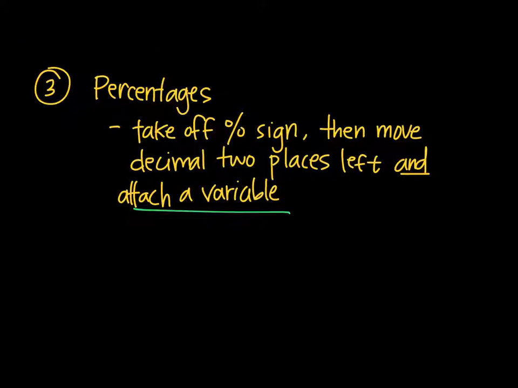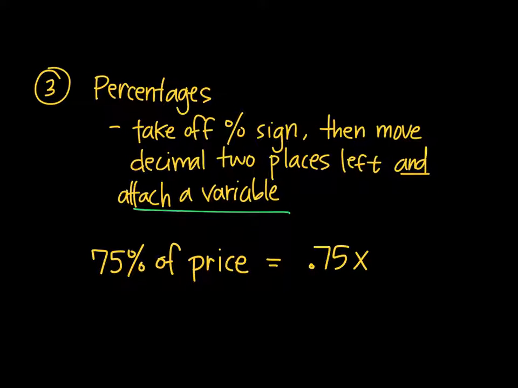So, for example, if you have 75% of the price, when you take that percentage sign off, it would become 0.75, but then it has to have a variable on there. And because that x is representing what the price is, you don't know the value, and so you have to have a variable to represent that.